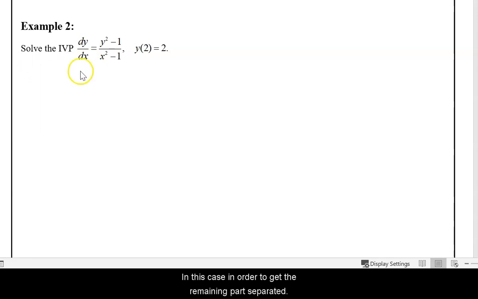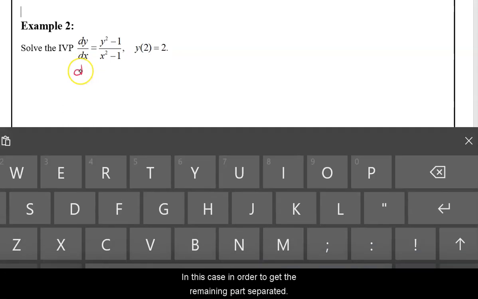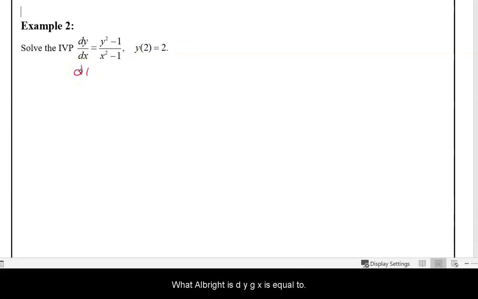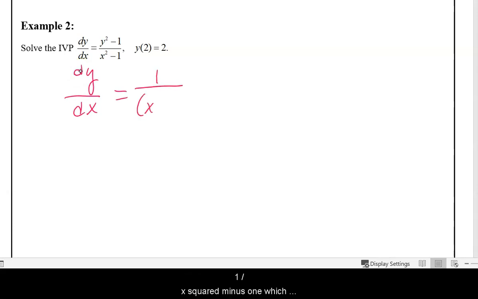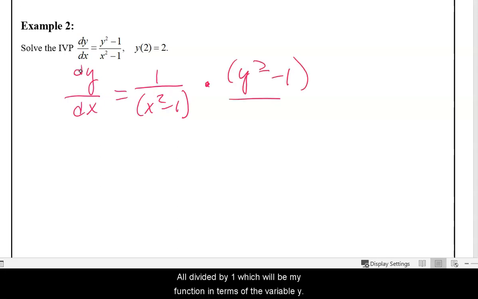In this case, in order to get the remaining part separated, I'll write dy/dx is equal to 1 over x squared minus 1, which will be my function in terms of the variable x, times y squared minus 1, all divided by 1, which will be my function in terms of the variable y.